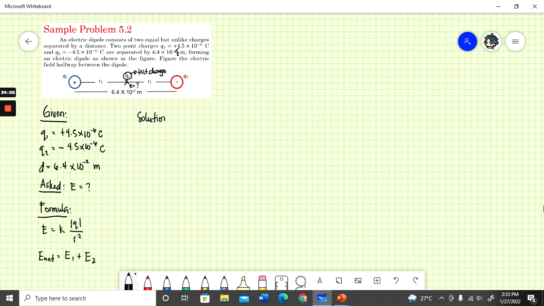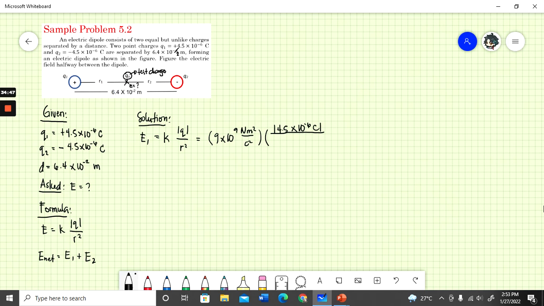So let's begin our solution. Let's find the electric field originating from our Q1. That would be equal to K multiplied by Q divided by R squared. The value of K is 9 times 10 raised to 9 newton meter squared per coulomb squared, multiplied by the absolute value of our Q1, which is positive 4.5 times 10 raised to negative 6 coulombs, divided by our distance R squared.